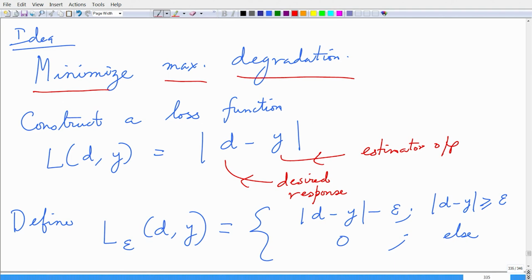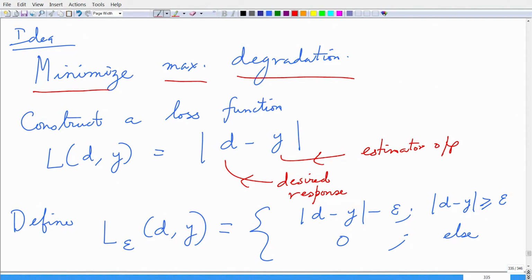We construct a loss function L of d comma y. d is my desired response, y is the estimator output, and I formulate this loss function as mod d minus y, and from this loss function I formulate the epsilon insensitive loss function.